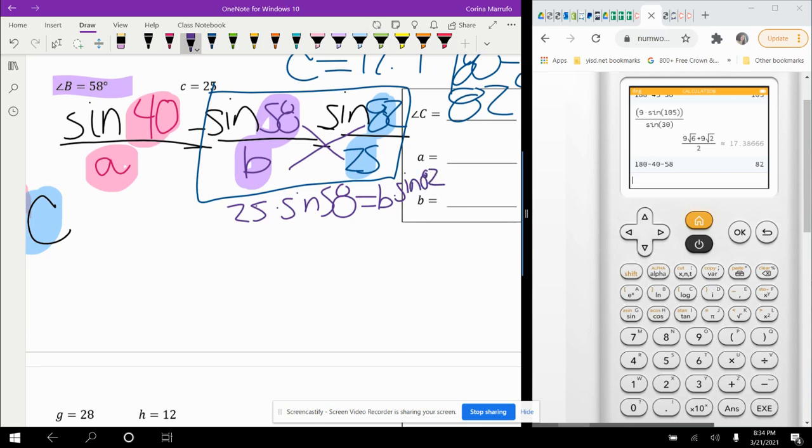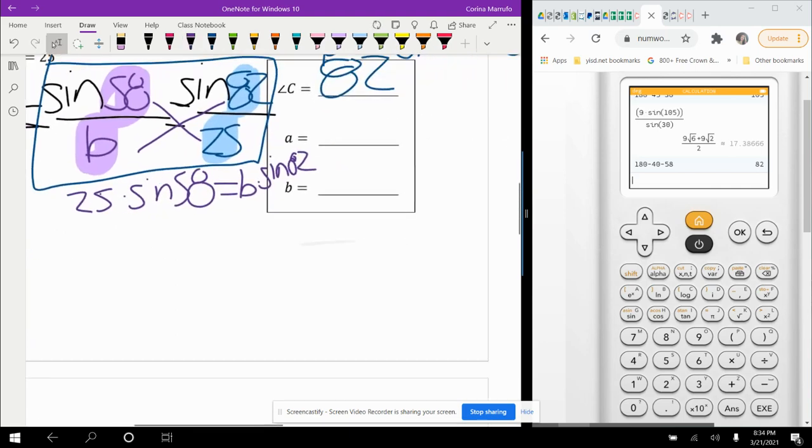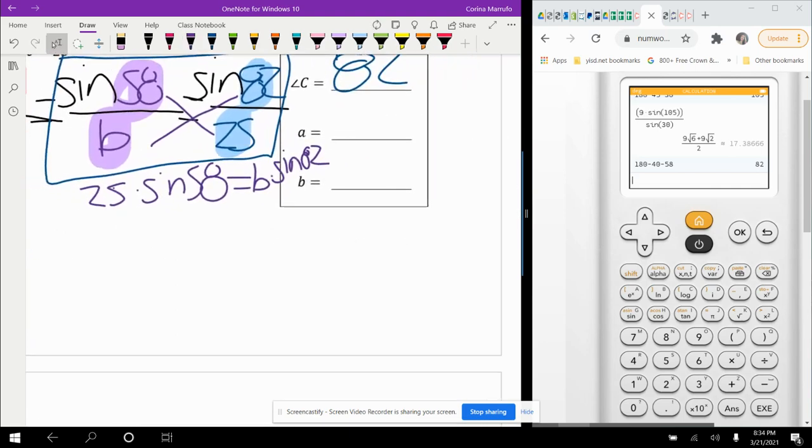We would run out of space, so let me zoom in. In order for me to solve for b, I need to get rid of the sine of 82. Since they're multiplying, we do the opposite and divide. I'm going to divide this by sine of 82. This cancels and we're just left with b.